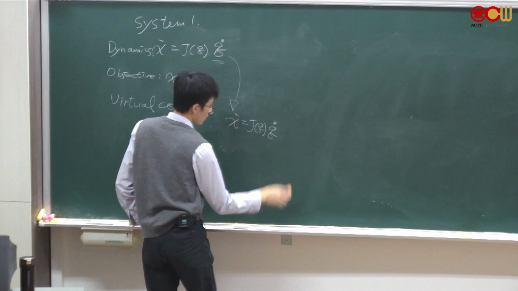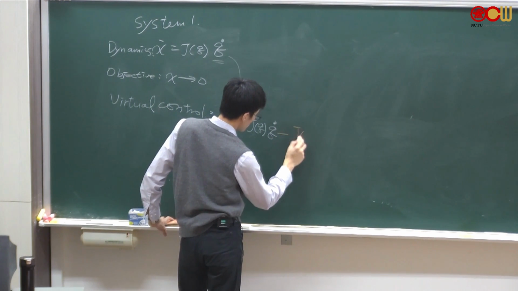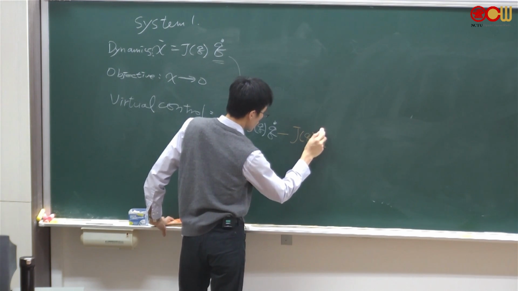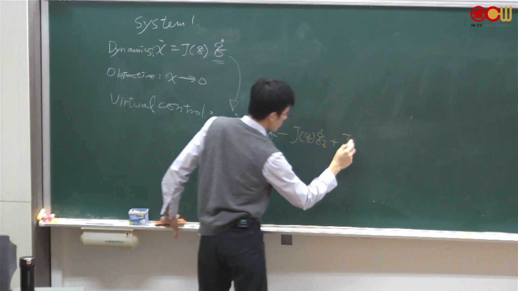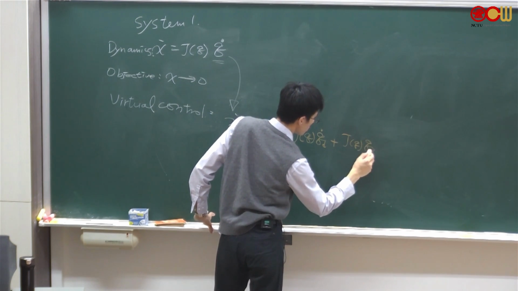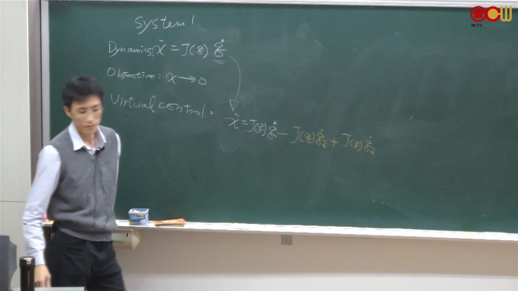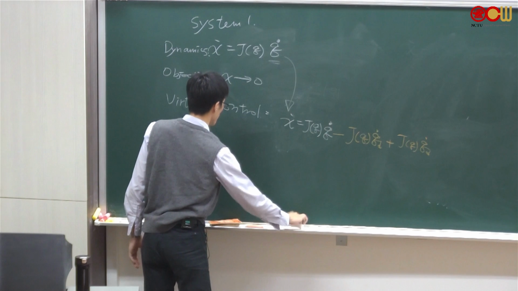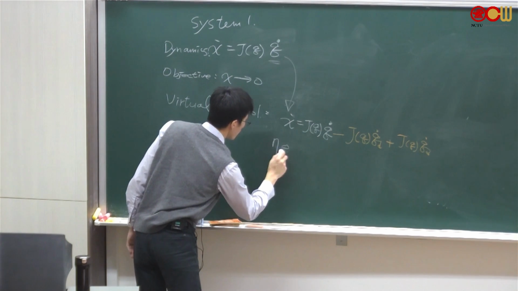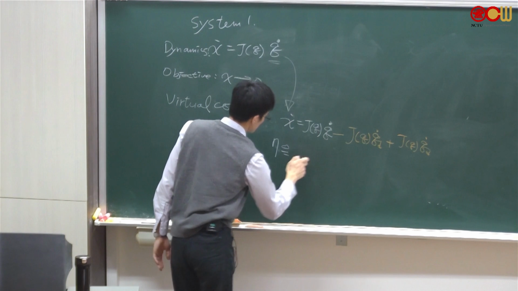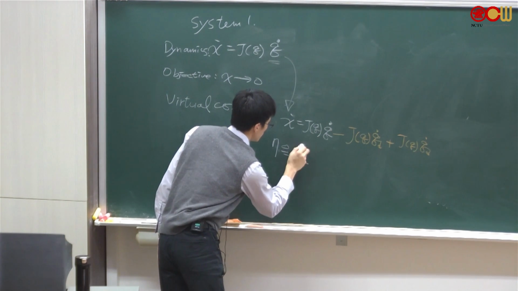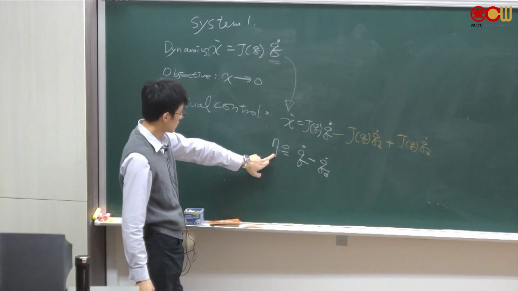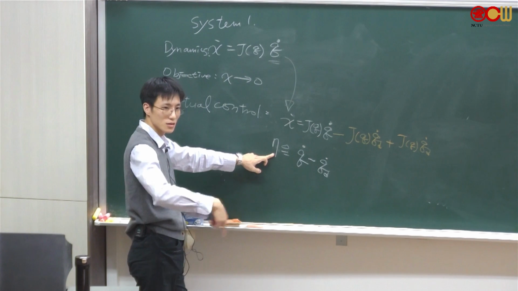And what's next is we add and subtract J Q QD dot. We define eta as the difference, which is Q dot minus QD dot.